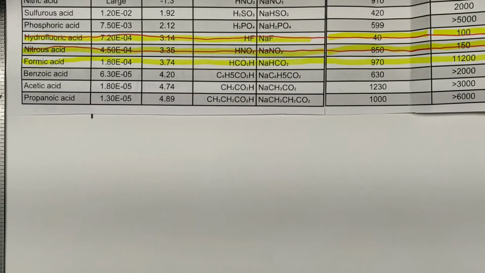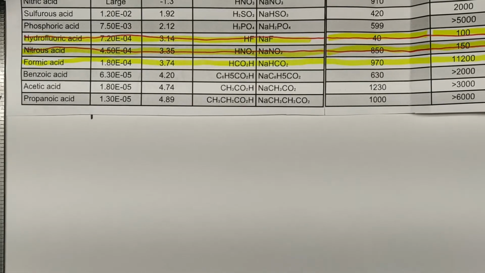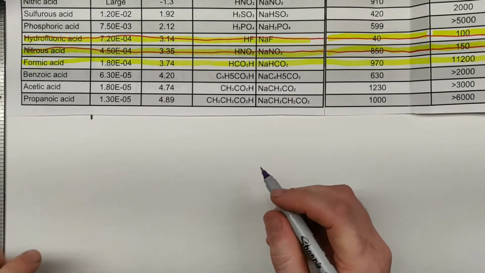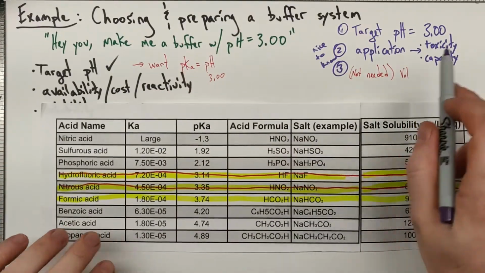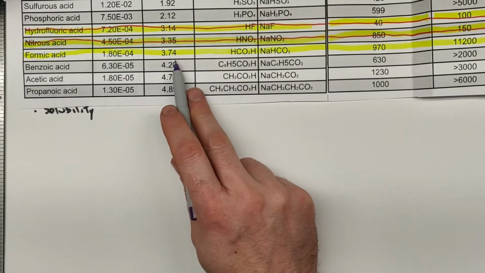Choosing a specific acid may feel like an overwhelming situation, but it turns out that the real magic and the real frustration comes in you having to pick a buffer capacity. But all of those things are going to be based on one specific ratio. So that's what we need to find out right now, how to apply this target pH of 3.0 to our formic acid system, which has a pKa of 3.74.